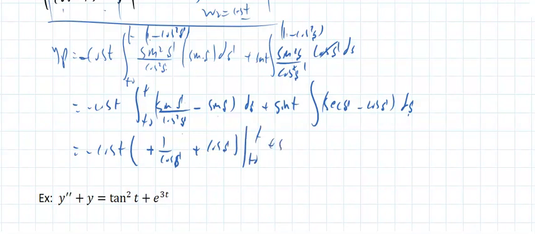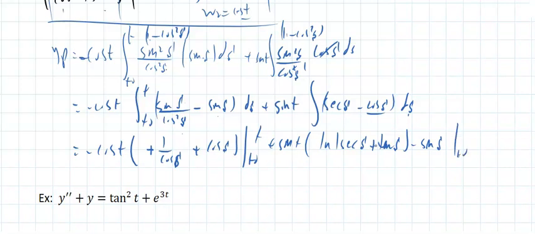T naught to t. And this is natural log of secant of s plus tan of s, and this is just the sine of s evaluated from t naught to t.